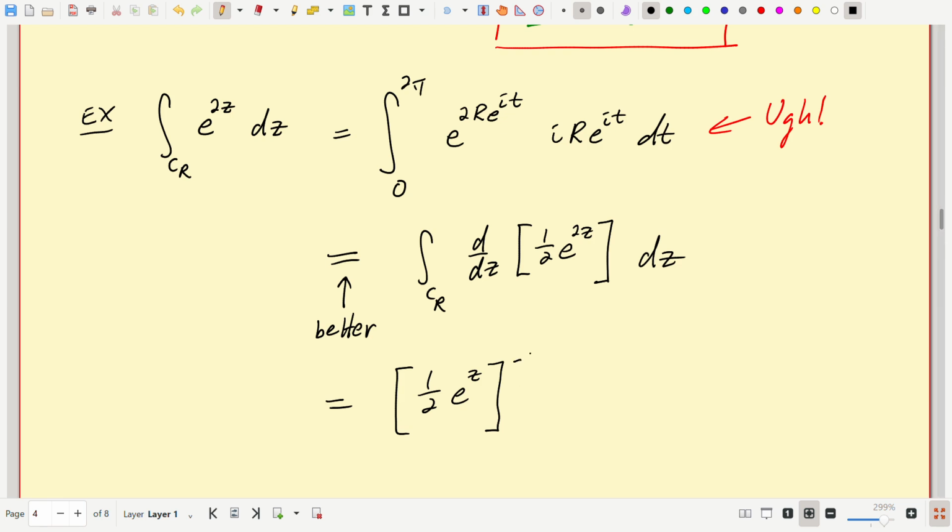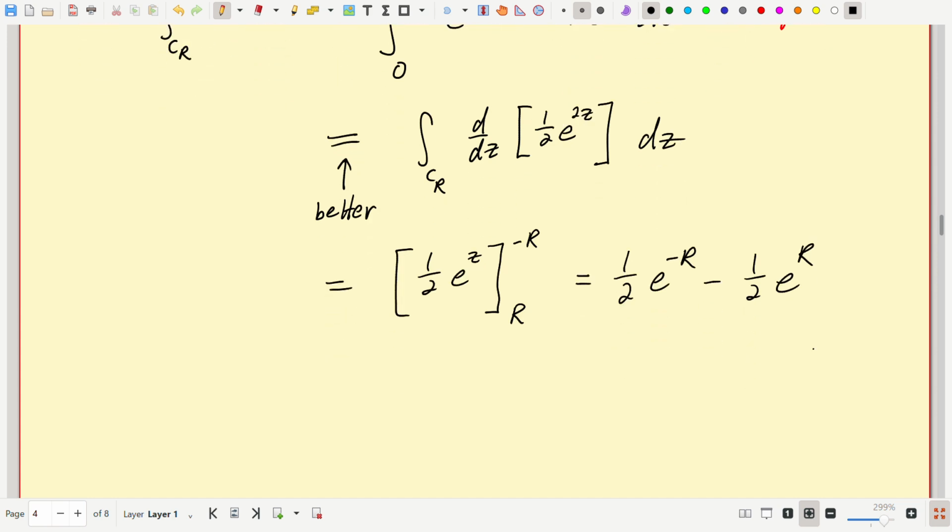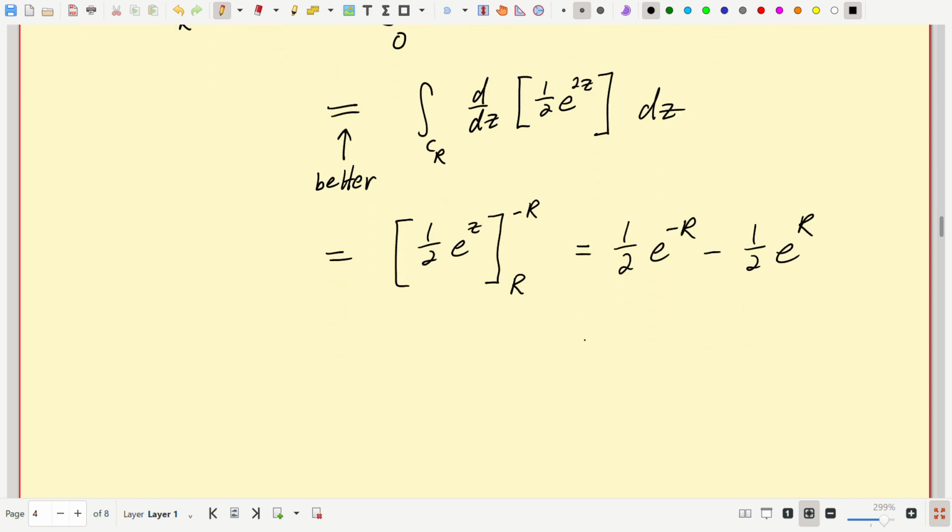This end point is minus r. The starting point is r. So that would be 1/2 e to the minus r minus 1/2 e to the r. What is that? That's equal to minus the hyperbolic sine of r.